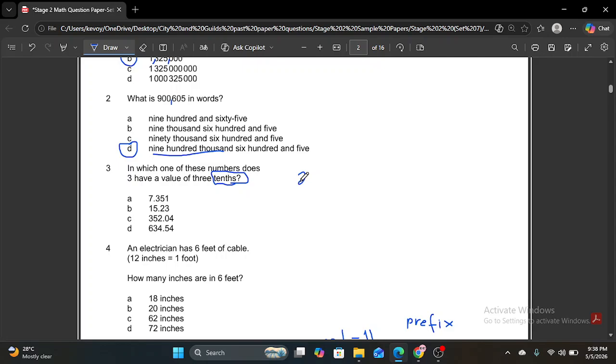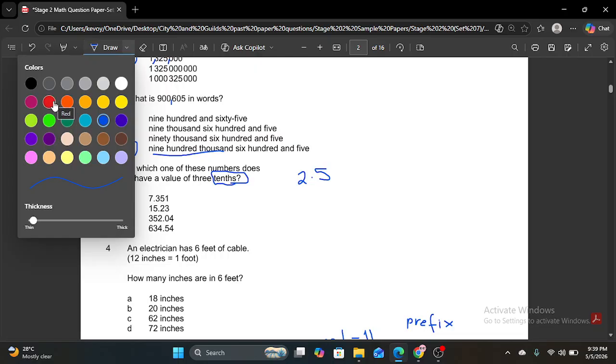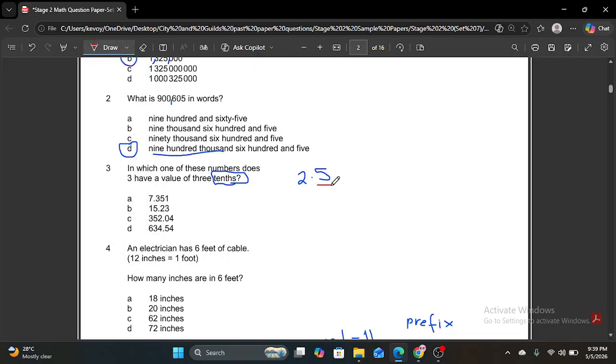So for example, if we have 2.5, then 5 would be in the tens place. Why? Because 5 is the digit that comes immediately before the decimal point.